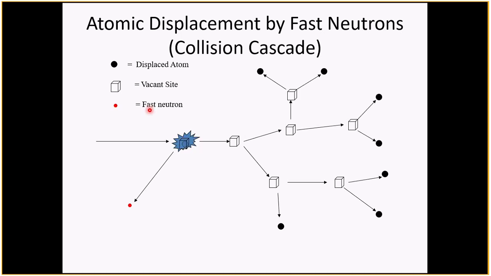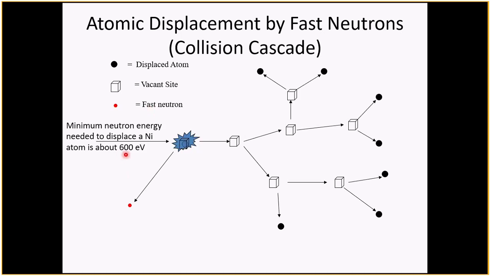You've probably heard me talking about this before. And typically 90% of all the damage is created by neutrons with energy greater than 0.1 mega electron volt.